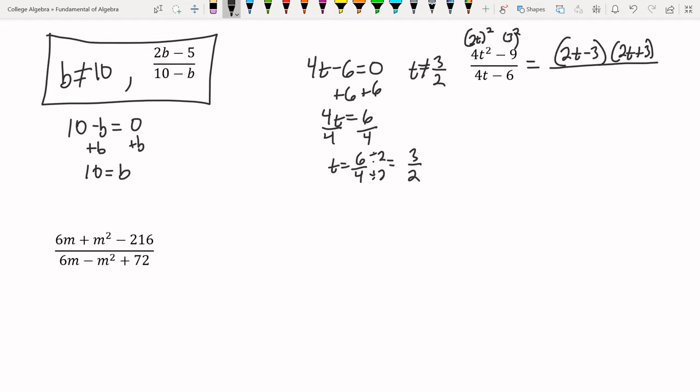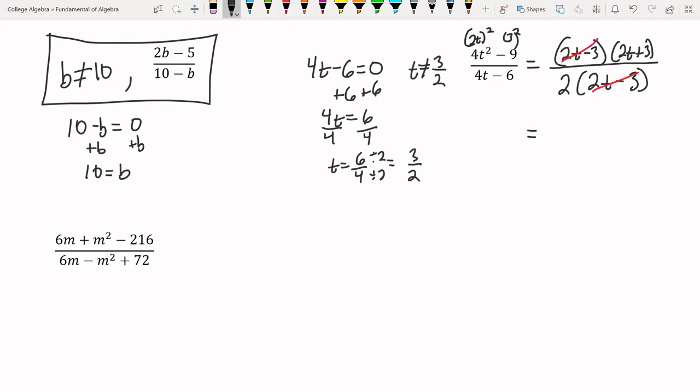On the bottom, we have a binomial. There's no need to factor it because there's no power of 2 or greater. But we can take out a greatest common factor, namely 2. That leaves us with 2t minus 3. And you see that 2t minus 3 is on both top and bottom, and those can cancel.